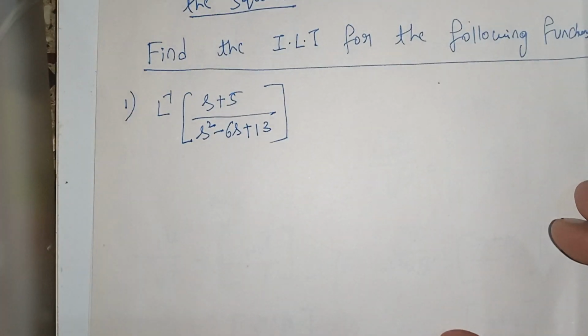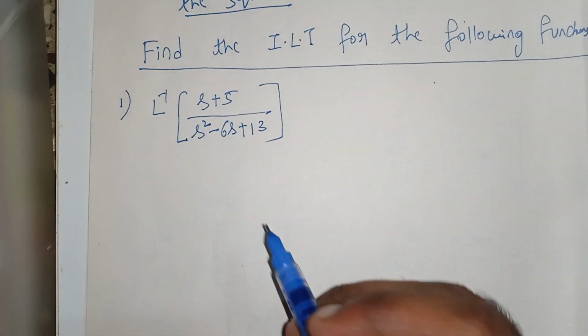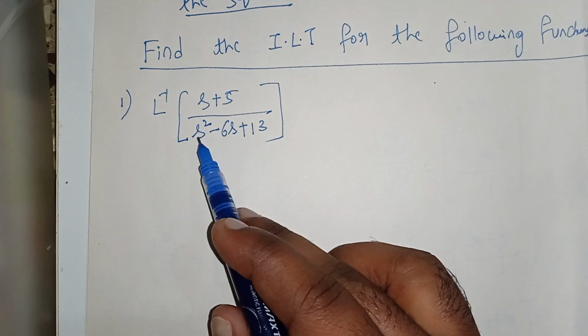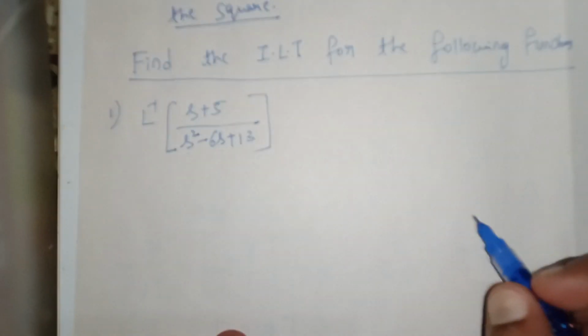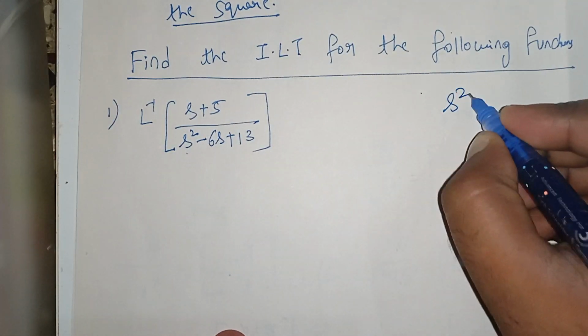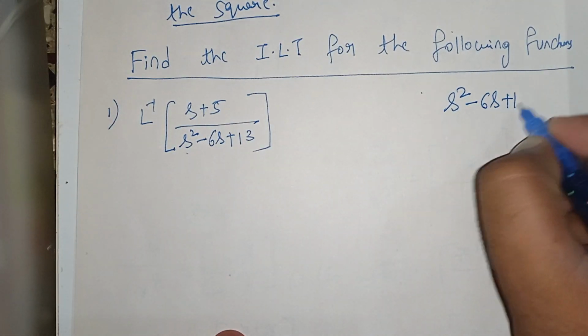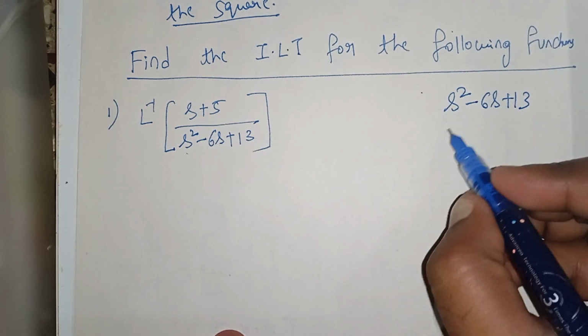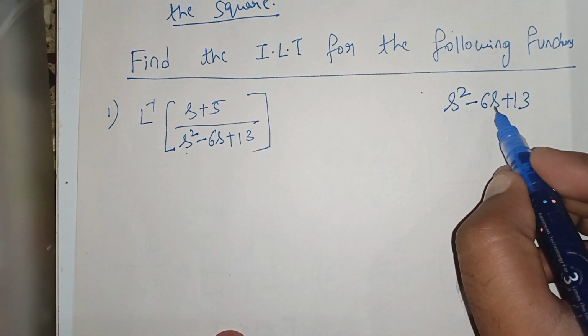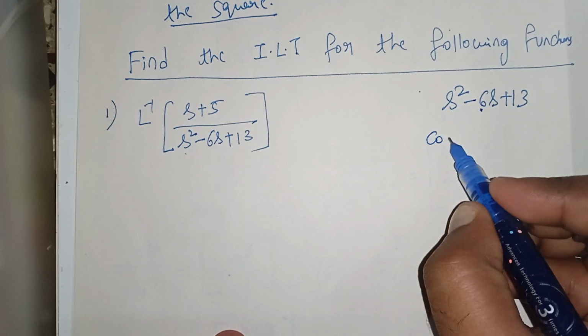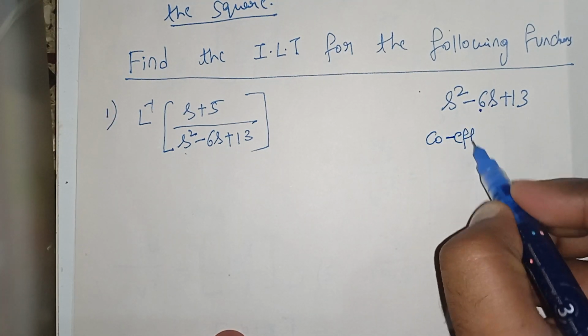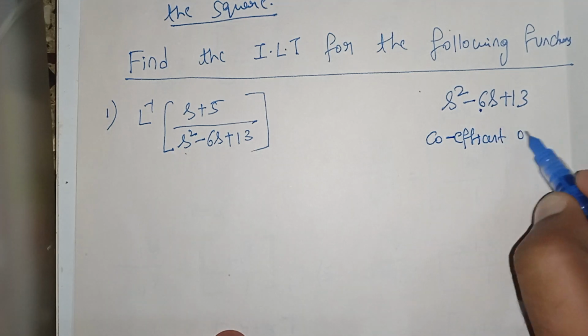So how do you notice you have to apply completing the square? If the denominator is not factorizable, you have to apply completing the square. So first I will write down the denominator. Completing the square: in this quadratic equation you should see the coefficient of s.